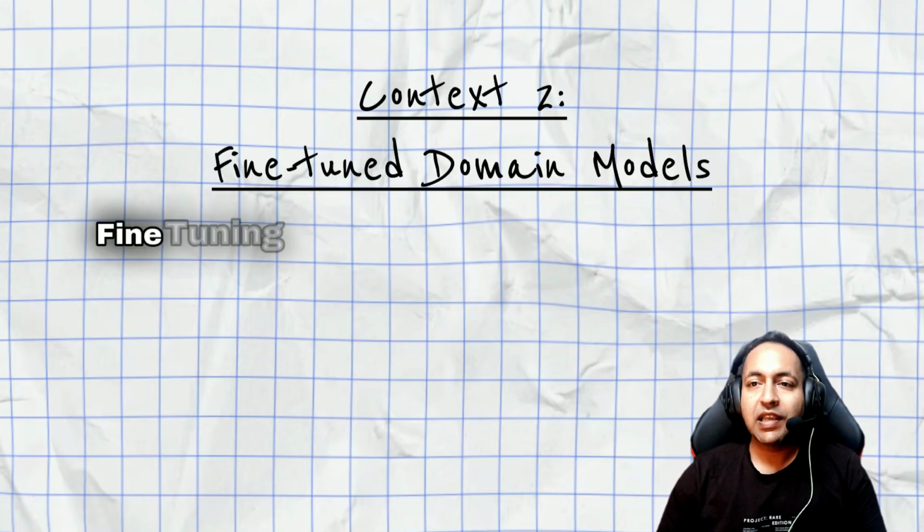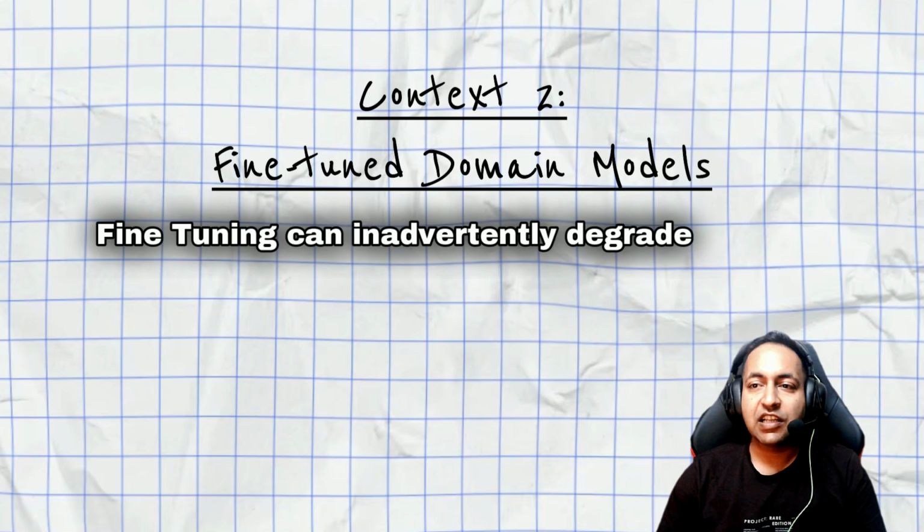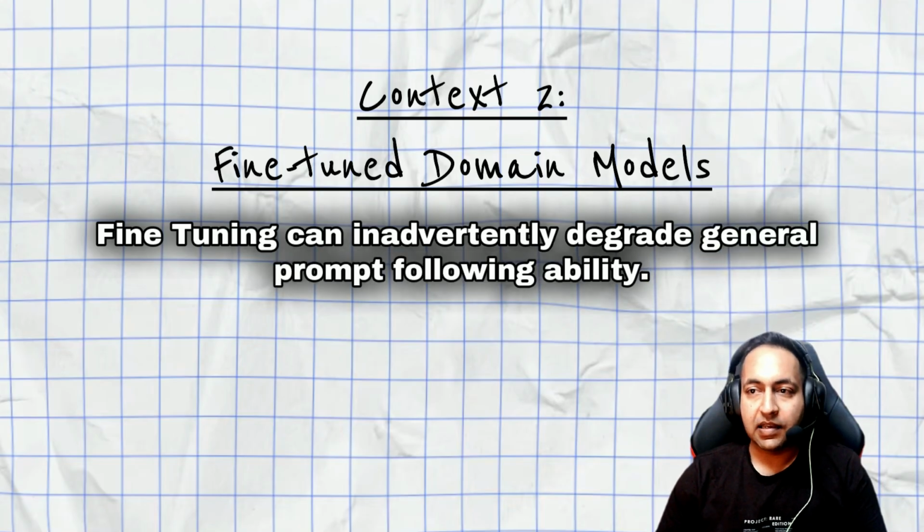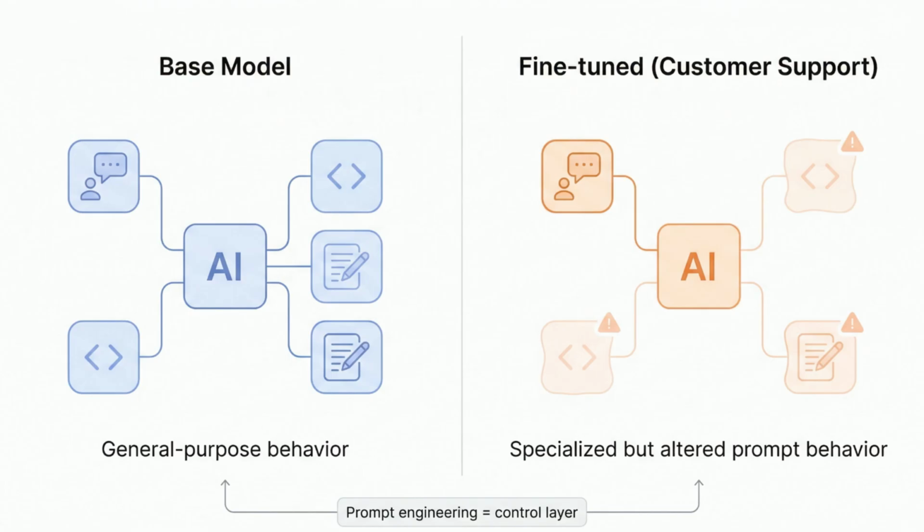The next one is when you want to use fine tuned domain models. Fine tuning can inadvertently degrade general prompt following ability. A model fine tuned on customer support transcripts may be excellent at support tasks, but may respond differently to standard zero shot or few shot prompting techniques than the base model did.